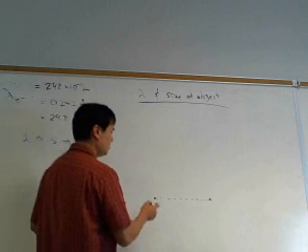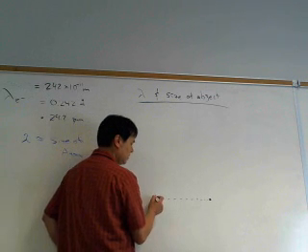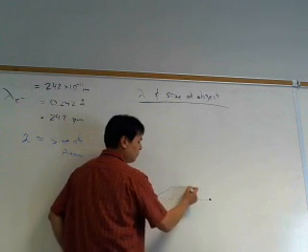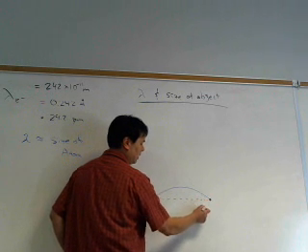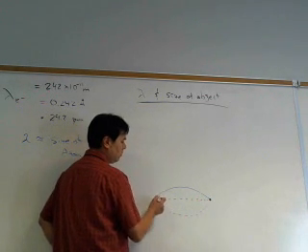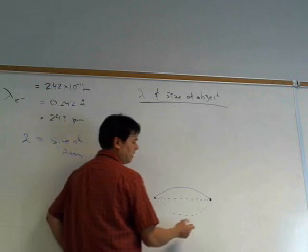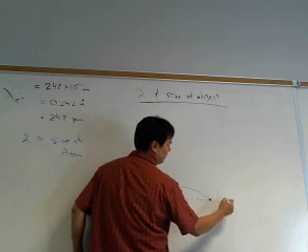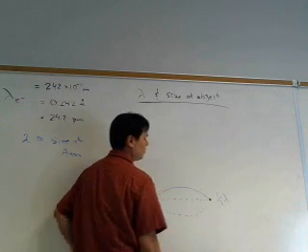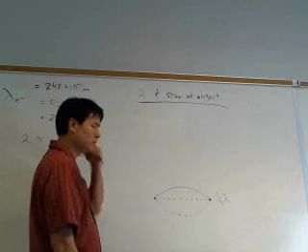There are only certain allowed wavelengths. For example, for this string, if I pluck it, this is an allowed wavelength and frequency. In fact, this is 1/2 lambda, 1/2 wavelength. This is allowed.